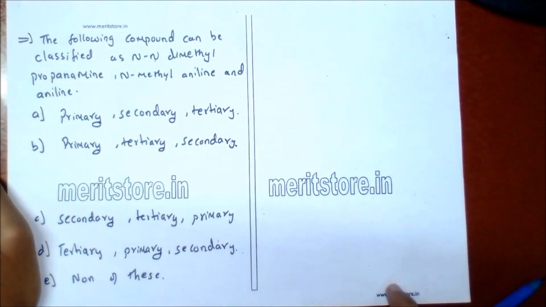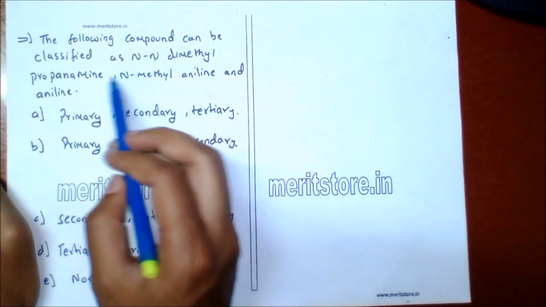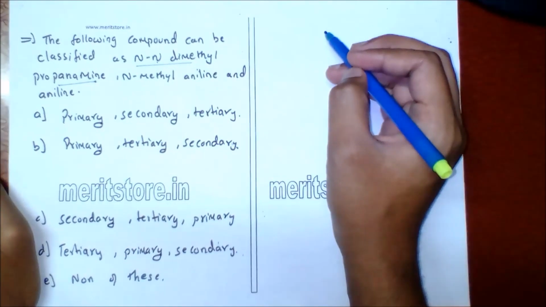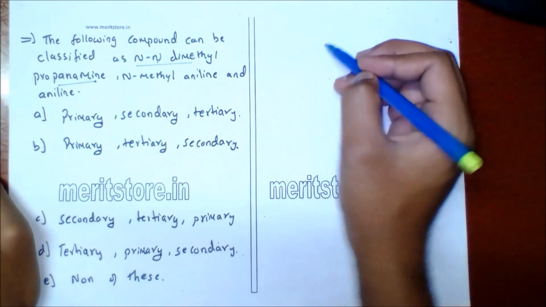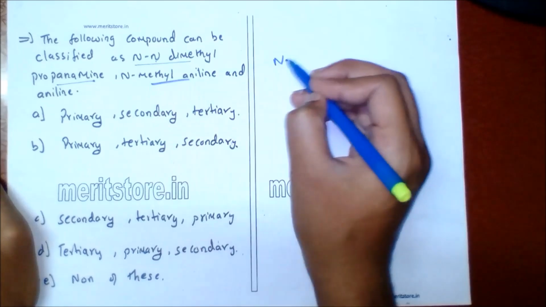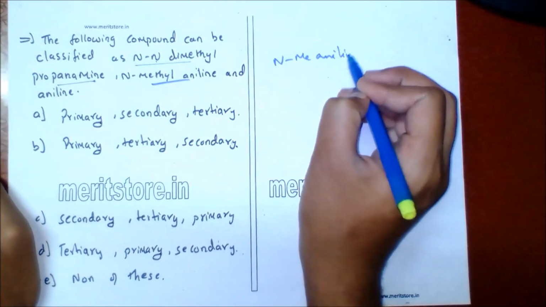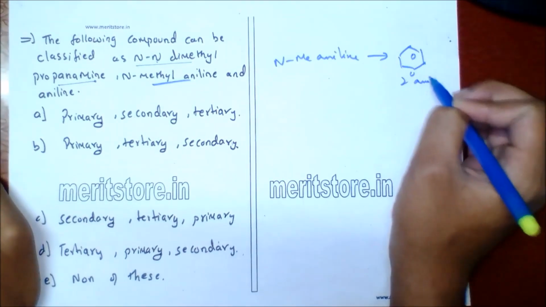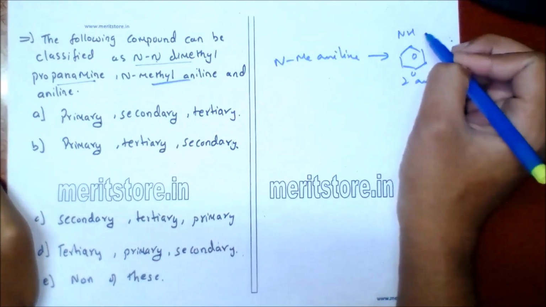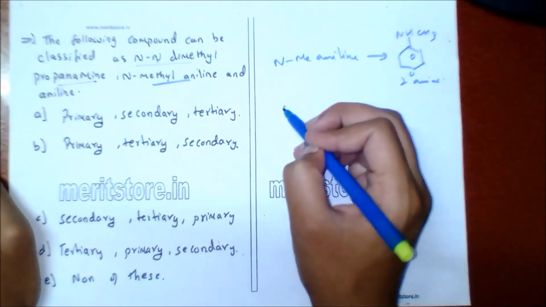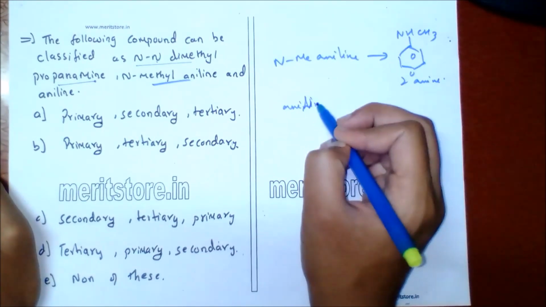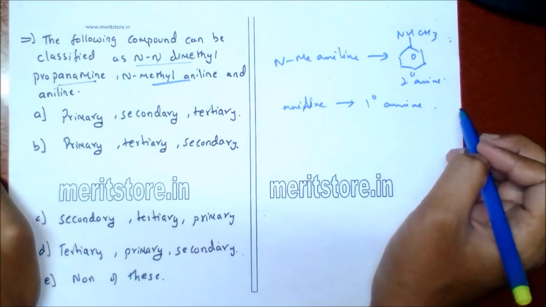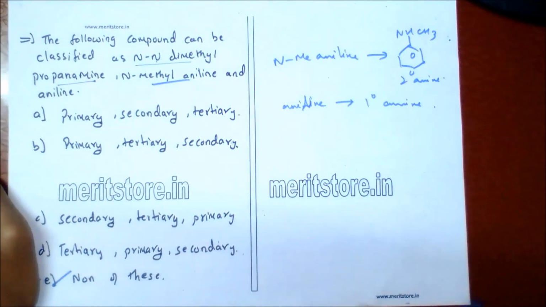Because N,N-dimethylpropanamine is a tertiary amine, N-methylaniline will give a secondary amine, which is NHCH3, and aniline will give a primary amine. So option E is the correct answer.